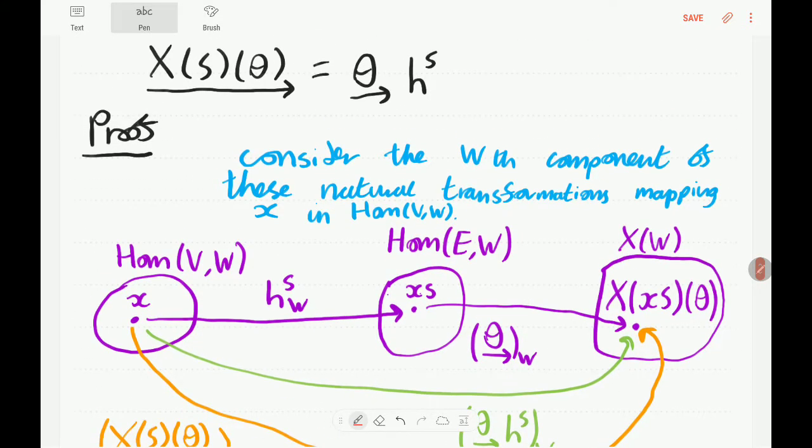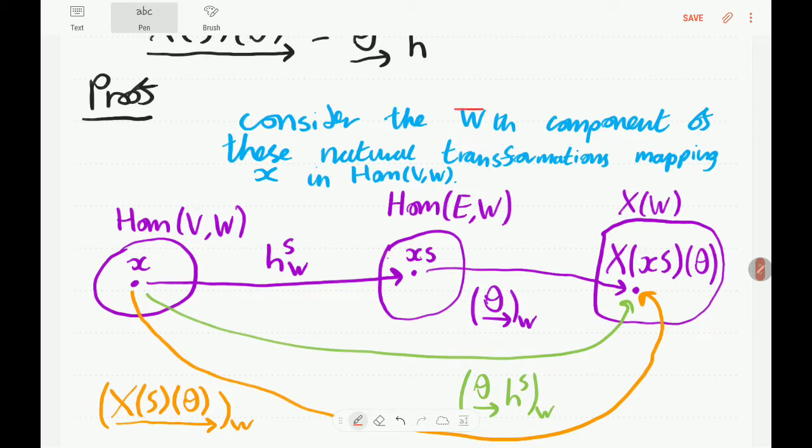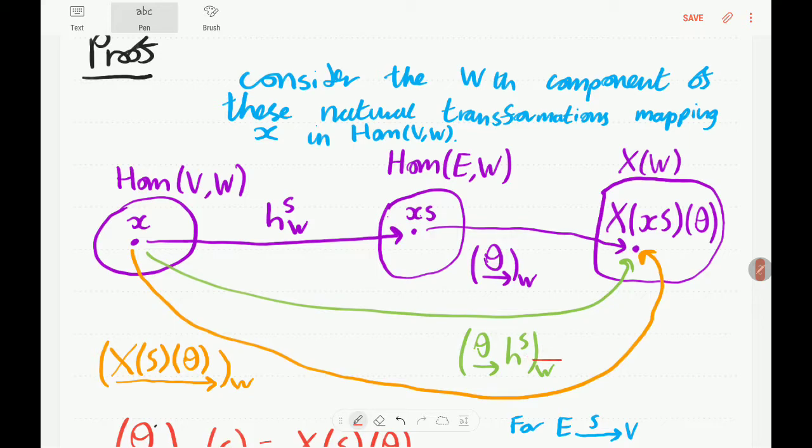Okay, so more formally then, let's let W be an object of C, and we'll let X denote an arrow from V to W. And then we're going to think about how the W component of theta underlined after HS works on an arbitrary element X of Hom V comma W. And so this green arrow here, what we're trying to do is we want to show that this green arrow works the same way on X as does this orange arrow here, which is the W component of X of S of theta underlined.